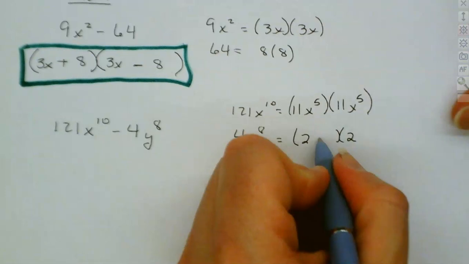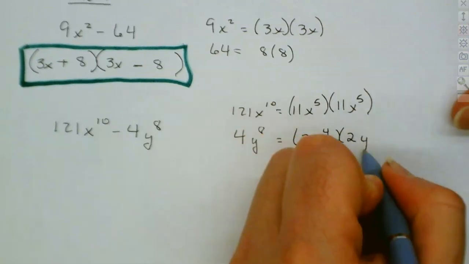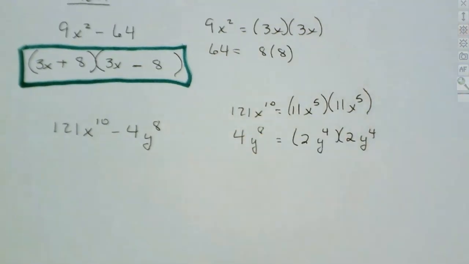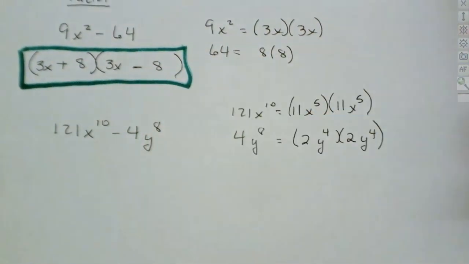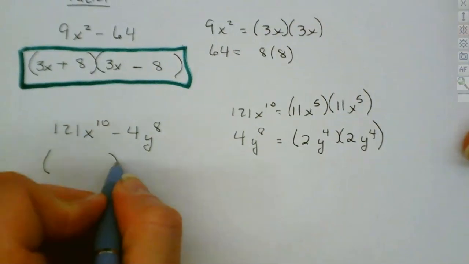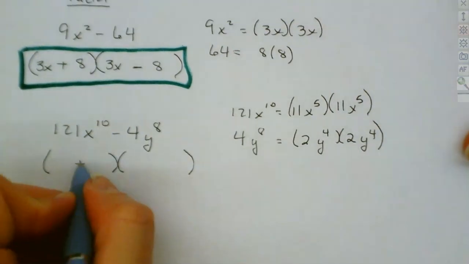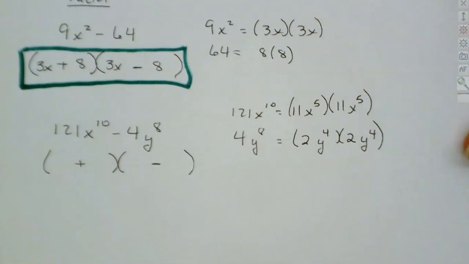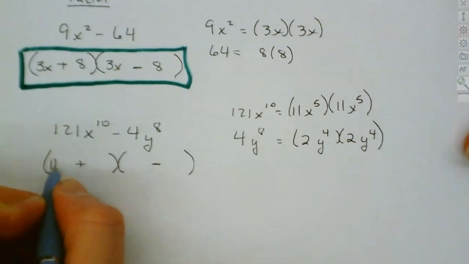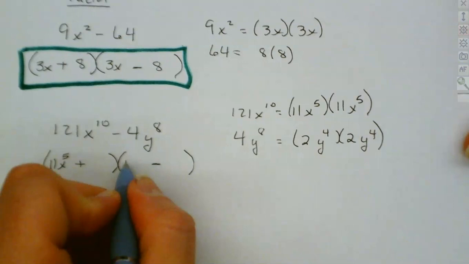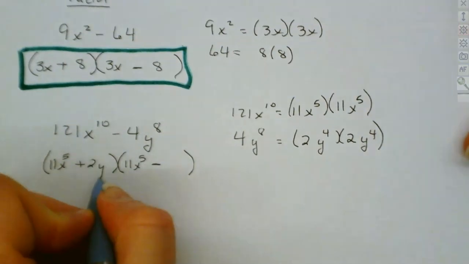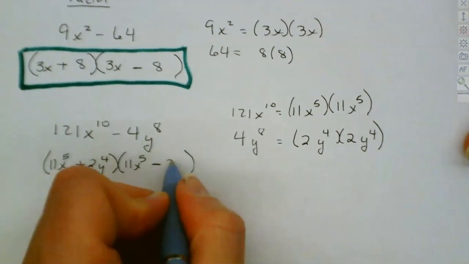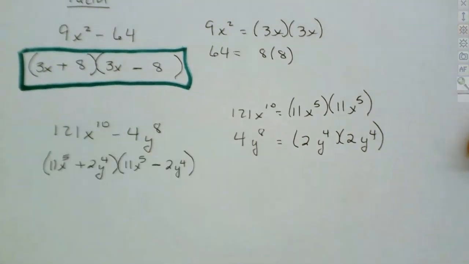Y to the 8th would make it y to the 4th, and y to the 4th. And then what's our answer going to be? Well, we have a difference of squares, so that's a plus and that's a minus. And then we have 11x to the 5th, 11x to the 5th, and then we have a 2y to the 4th, and a 2y to the 4th. And that's it.